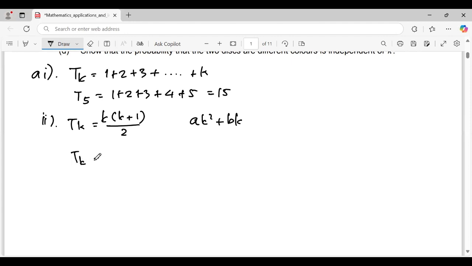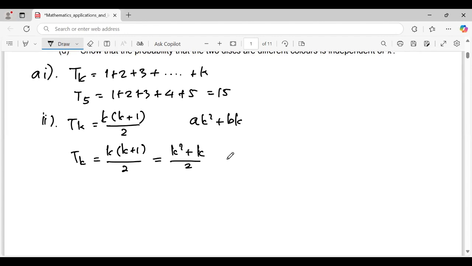Tk equals k times k plus 1 over 2. It is k squared plus k divided by 2.